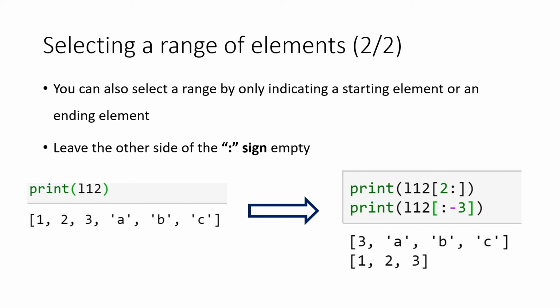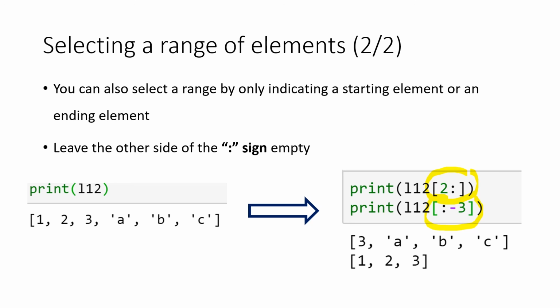Now we can also select the range by just giving a starting point and not giving an end point. We do this by just leaving one side of our square brackets empty. So if we want to have everything including from index number 2 until the end, we just put in the square brackets 2, double points, empty.